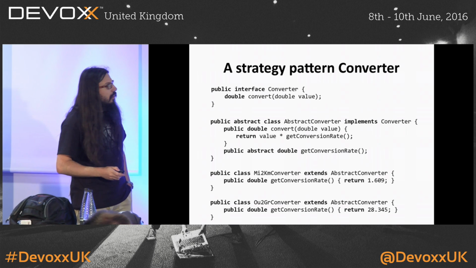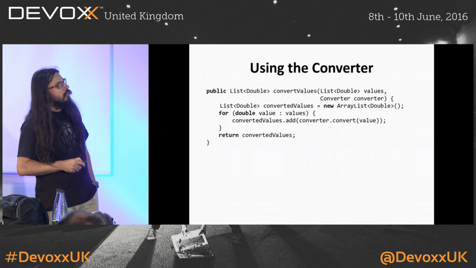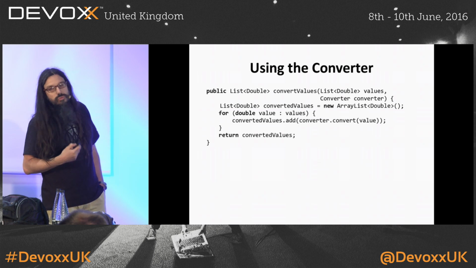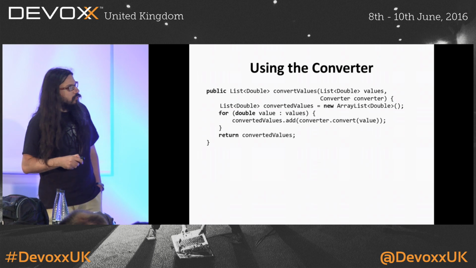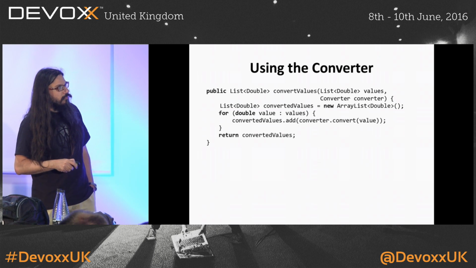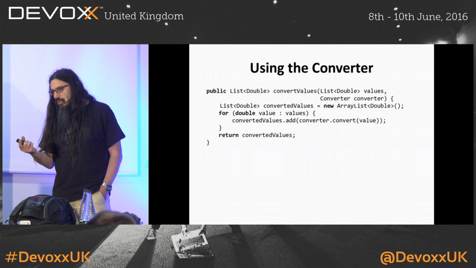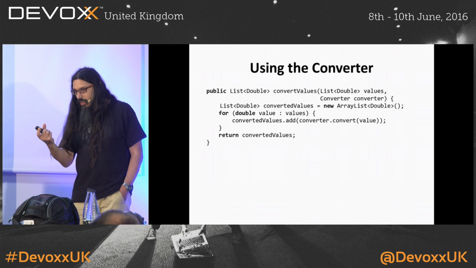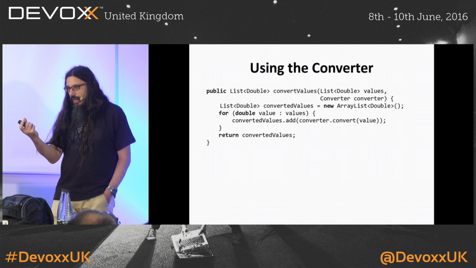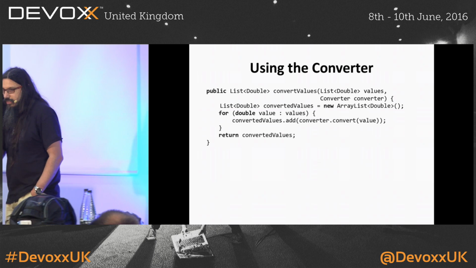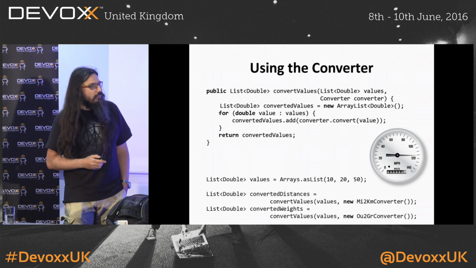Okay. And how you use it, you have a list of values that you want to convert, and you pass to this function your list of values and a converter. So you create another list that is the original one where each item has been processed by the converter.